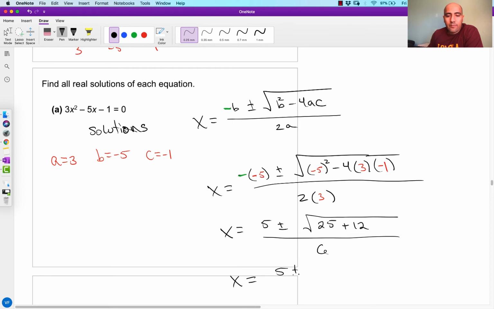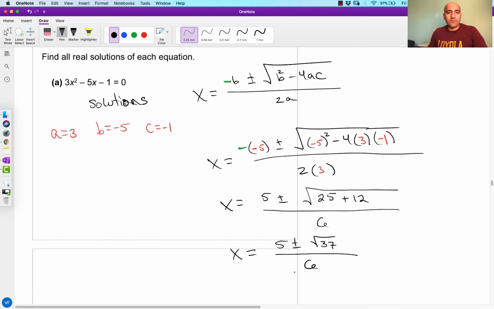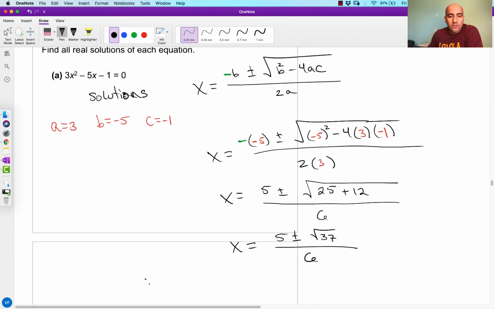We get 5 plus or minus root 37 over 6. So those are our two answers. We can leave it like this, or we can separate it into the two answers this way. One solution is x equals 5 plus root 37 over 6, and another answer is x equals 5 minus root 37 over 6.